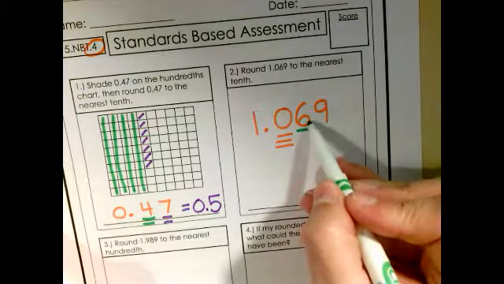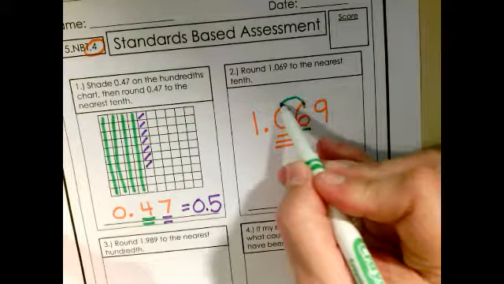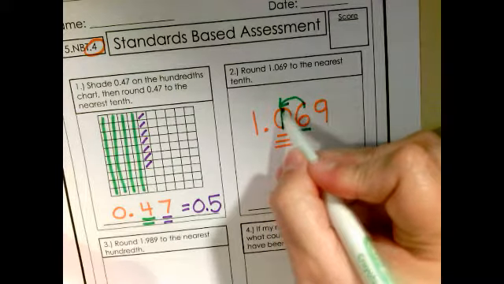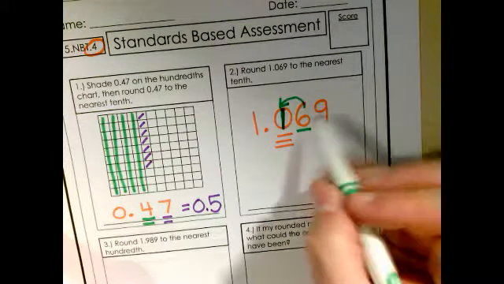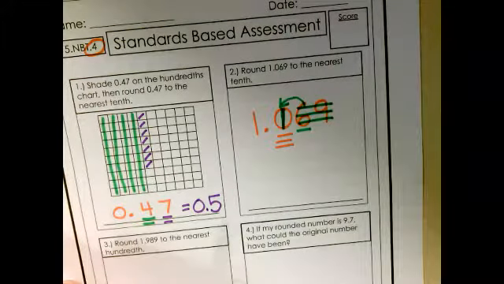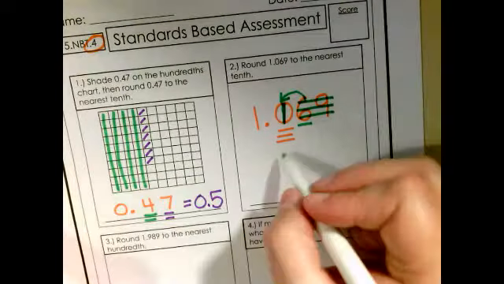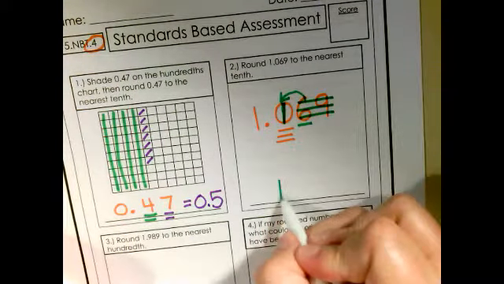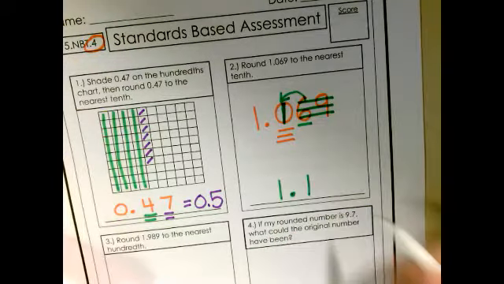This is more than 5, so it says to this guy, you need to soar, and it's going to go up 1. Everything to the right gets frozen. So 1 and 69 thousandths rounded to the nearest tenth would be 1 and 1/10.